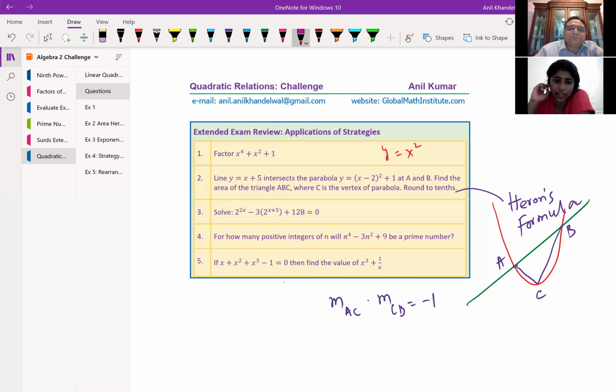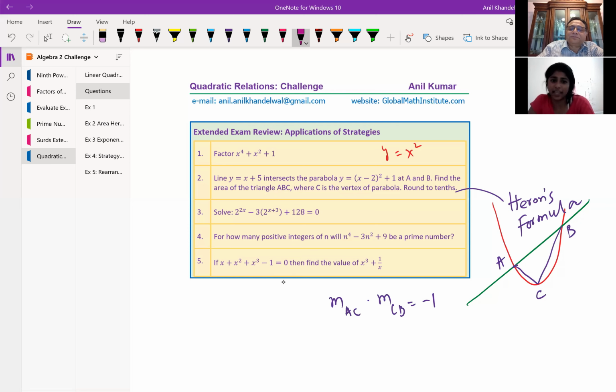Question 3. Solve 2 to the power of 2x minus 3 times 2 to the power of x plus 3, add 128 equals 0. Yes, this is quite funny because today in class we did similar questions to this. Good. So what we did was let y equal to something.